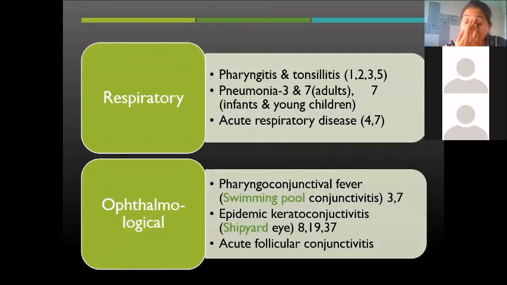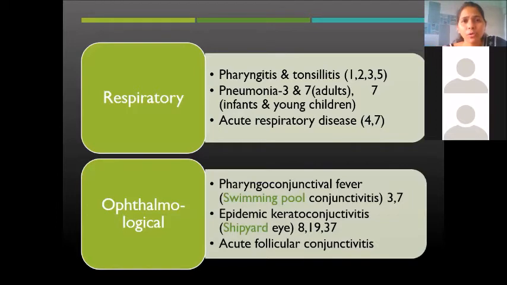Now, these types also come in one-liner MCQ, so it's better if you try to remember as much as possible. When I speak about respiratory tract infections, the upper respiratory tract infection is caused by 1, 2, 3, 5. That includes pharyngitis and tonsillitis.